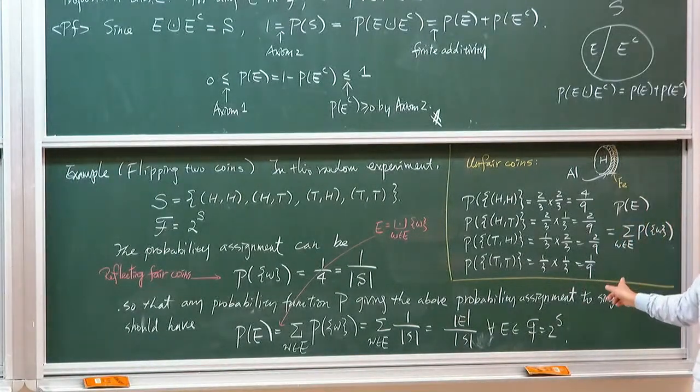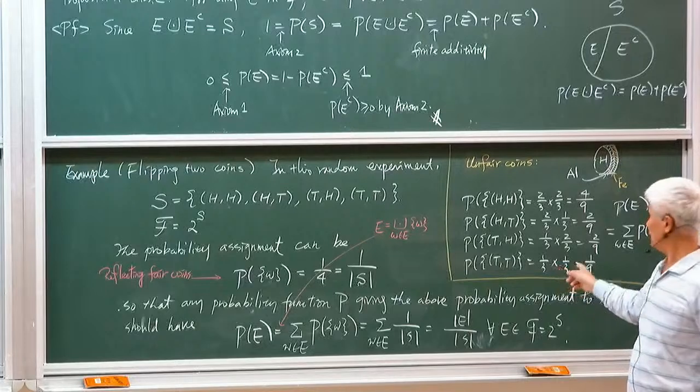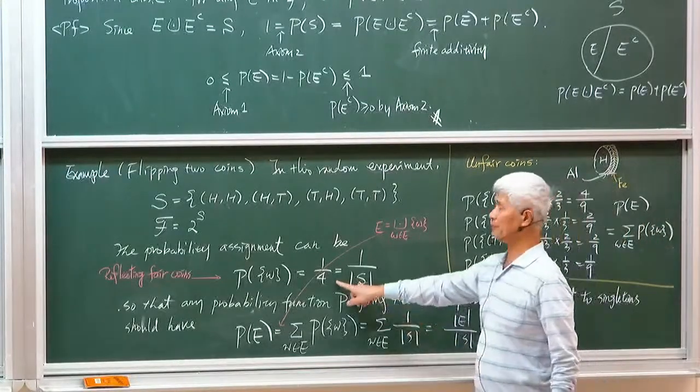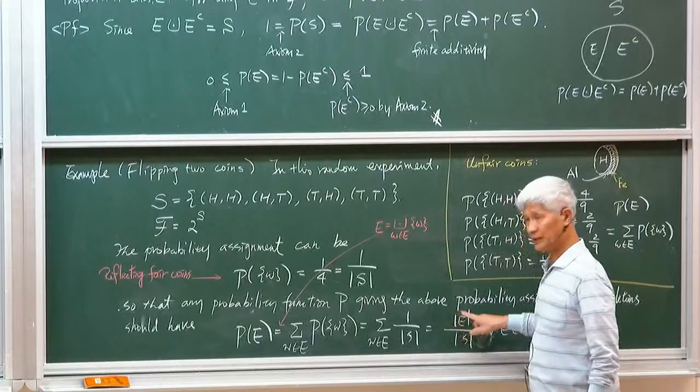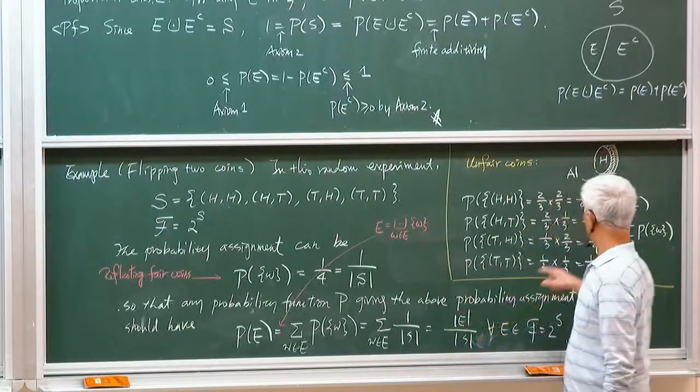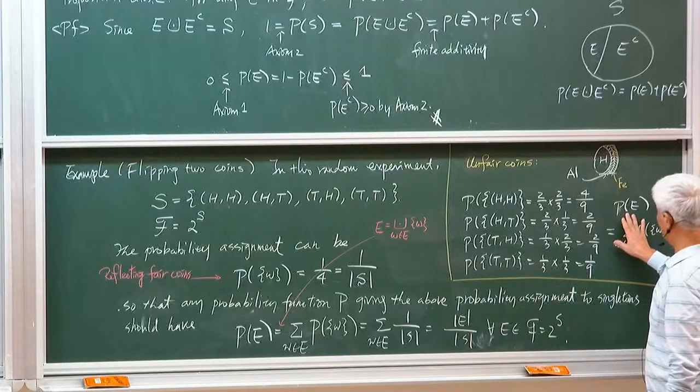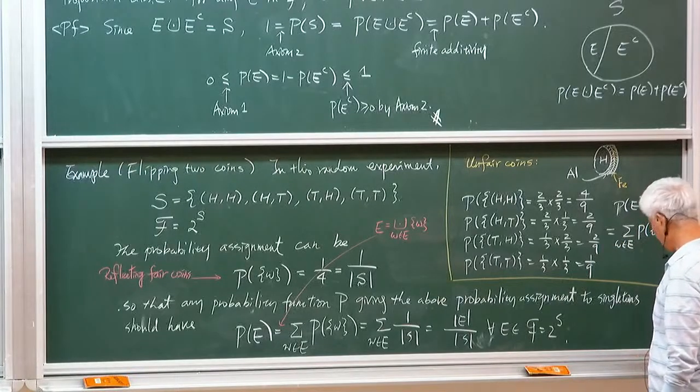So this is the best we can write here, because this is simple, so we have this simple expression for the probability assignment.